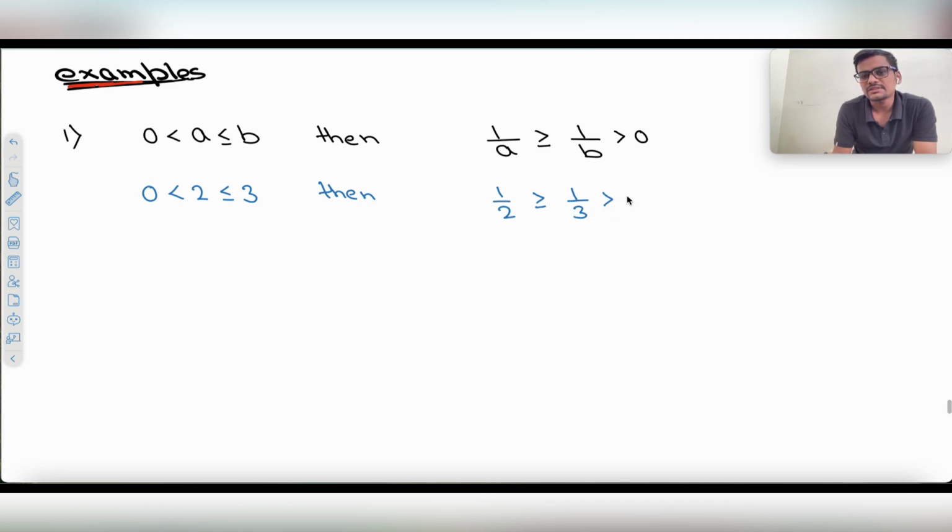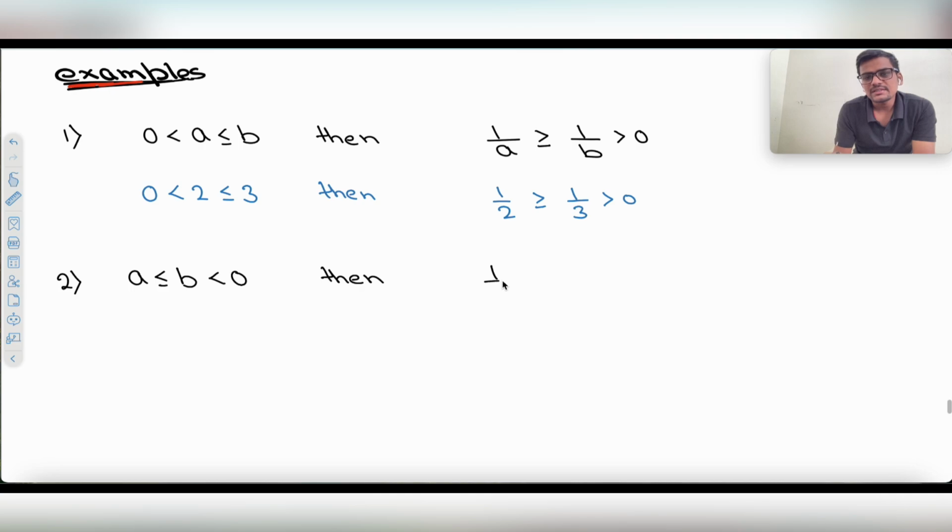And these both are positive. See here, I am writing the greater than equal to sign because in the initial inequality we have less than equal to. Now suppose my A is less than equal to B, but these both numbers are negative now. Then what will happen?